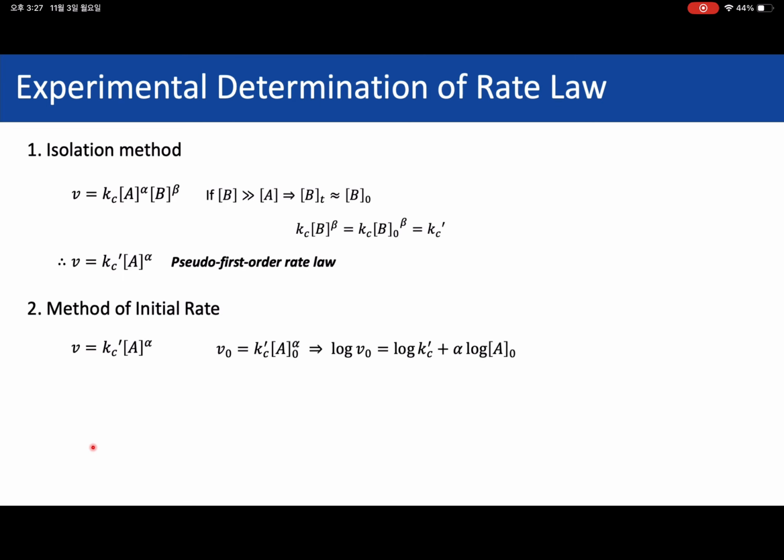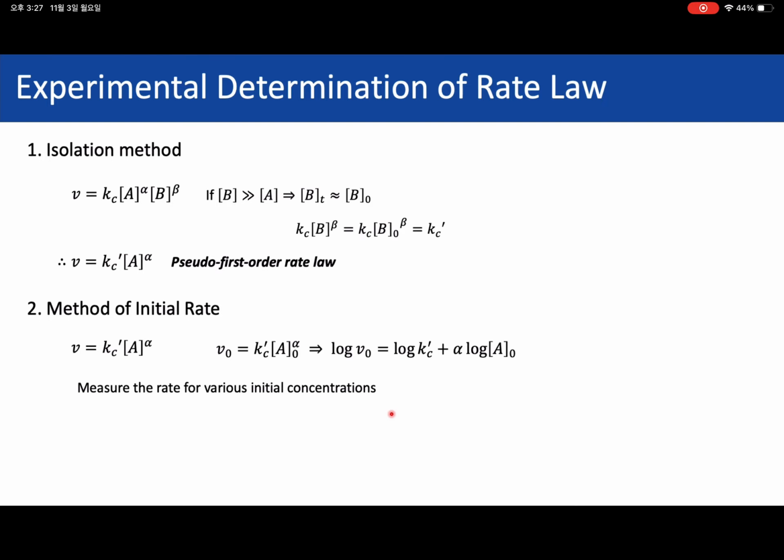If we take the log of the left and right hand sides, then we can express the equation like this. Let's say we have the initial molar concentration A0, and the corresponding rate of reaction is V0. If you take the log here, we can express it like this.